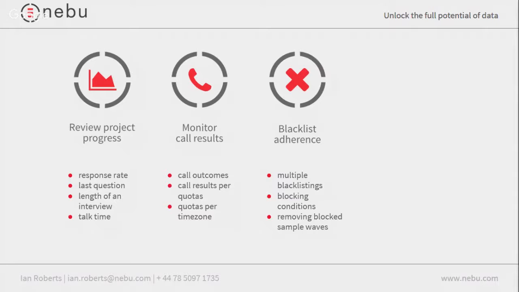You might be using a new sample provider and testing it out. Rather than going through each individual record and changing the status, blocking on a sample wave means you can move on to newer, perhaps better sample that's been imported, and keep your interviewers motivated and engaged in the process.